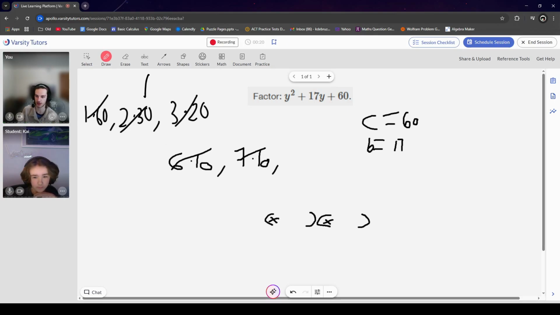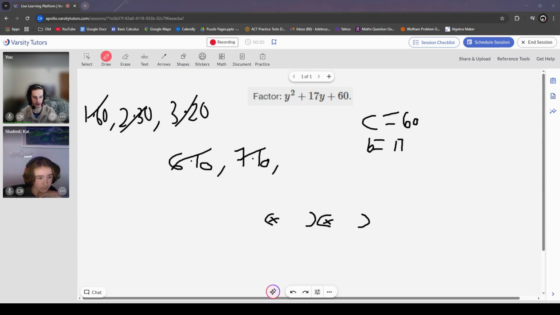So you can check the numbers in order, or you could even cross some out early on if you know that they're just not going to add correctly.